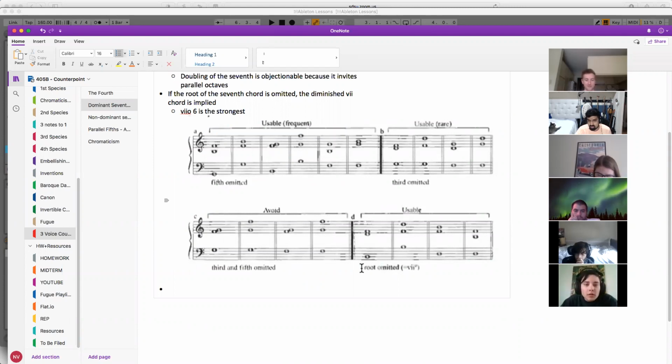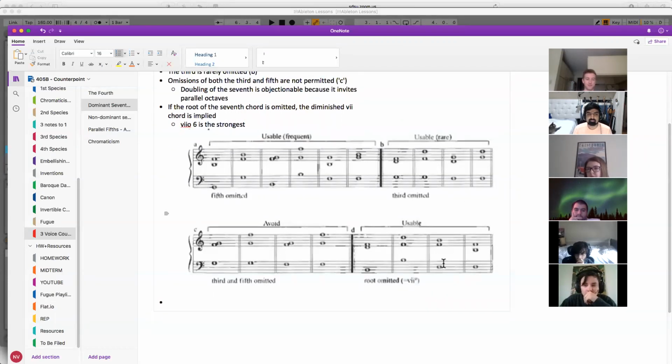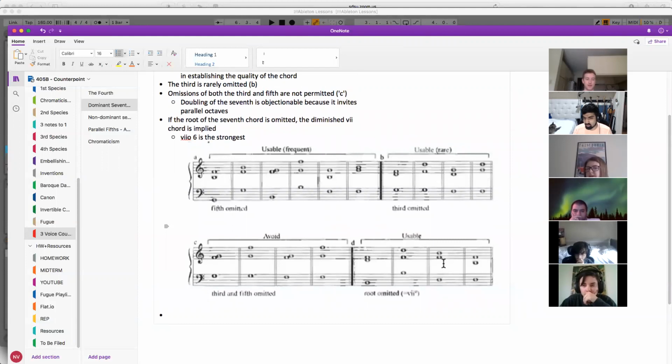In these situations the root is omitted, so you kind of imply the diminished seventh chord, essentially. So these two are the strongest in terms of resolution. In terms of making a statement, I guess the first inversion of this seventh chord is the strongest sounding, for whatever reason. I guess that would be more applicable in context.